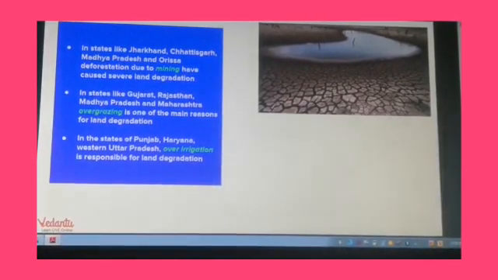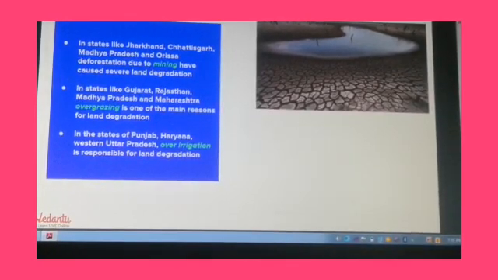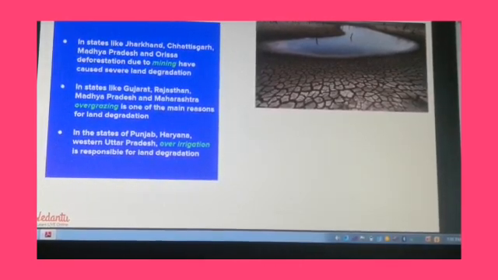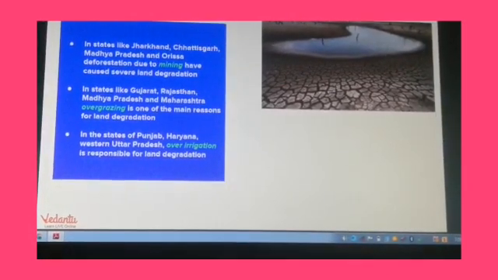Ways to conserve land. How can we conserve land is the next point.